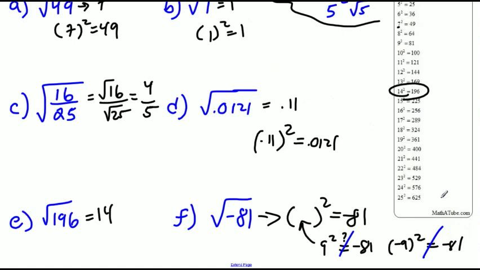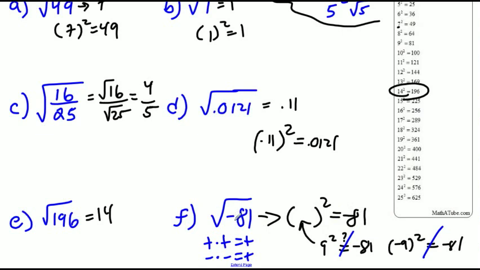And really what the answer to this is, it's not possible. You can't square a number and get a negative number. It doesn't make sense, because when you multiply something by itself, if I multiply two positives or if I multiply two negatives, I'm always going to get a positive answer.